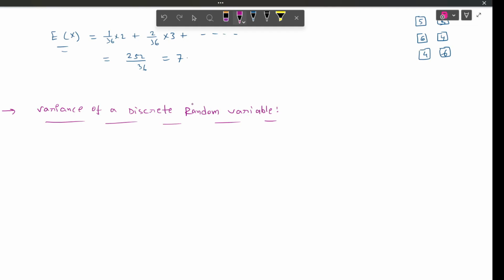Now if x is a discrete random variable which assumes values x1, x2 in this manner with respective probabilities p1, p2, then variance of x is defined as var of x equals p1 into (x1 minus x bar) whole square plus p2 into (x2 minus x bar) square.